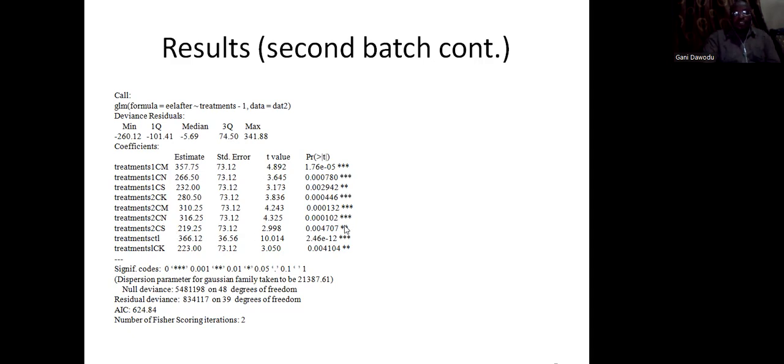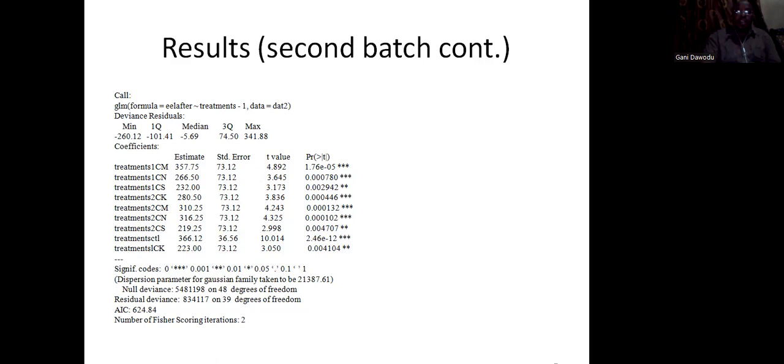So CS is the only one that is very, very active on the plots. The others run below. Okay, there's also 1 CK. First dose of CK is still also reflecting. Okay, so that's the situation before and situation after.